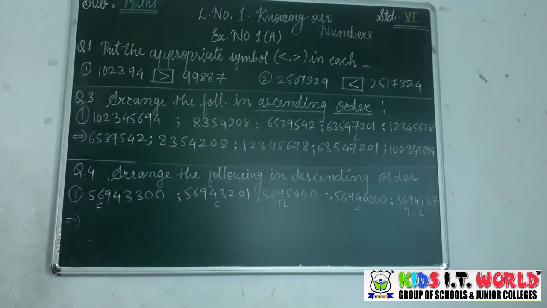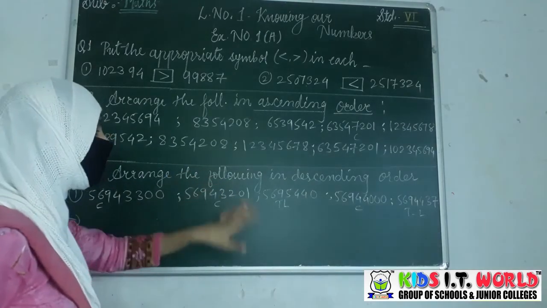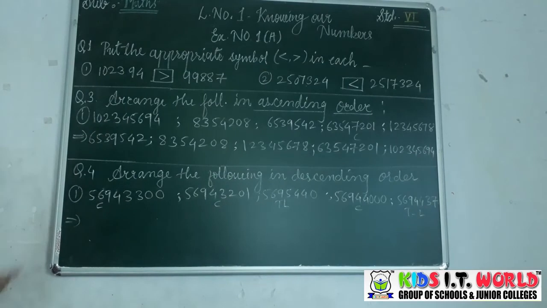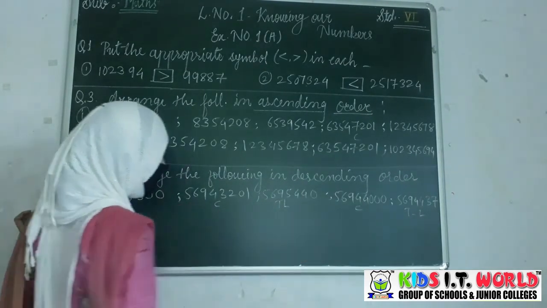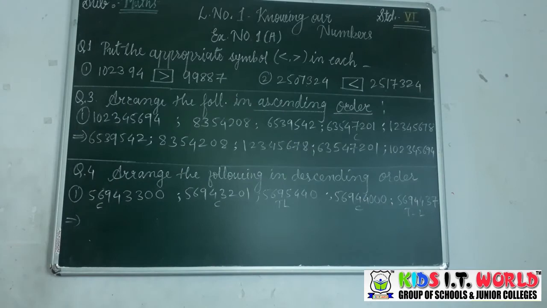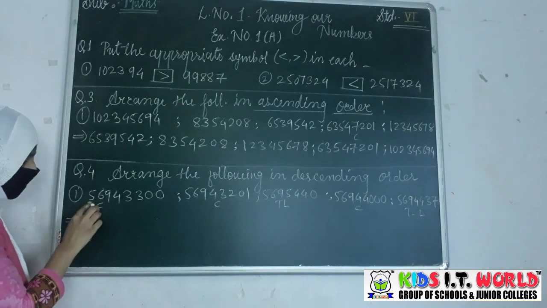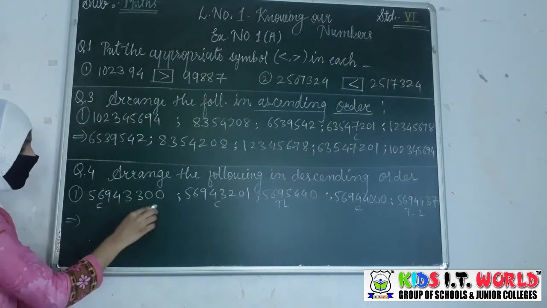So compare those two numbers. We have to arrange the numbers from the greatest number to the smallest number. Now here you got three numbers in the same position, that is on the crores. So first of all we will see which number is greater in these three. So let's see. It is 5 crore 69 lakh 43,300.